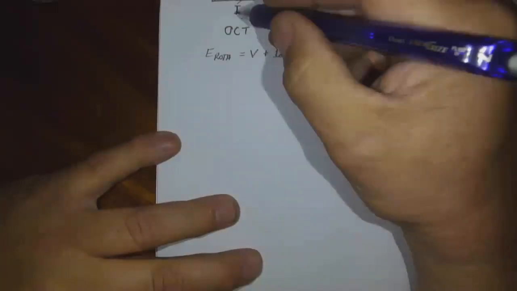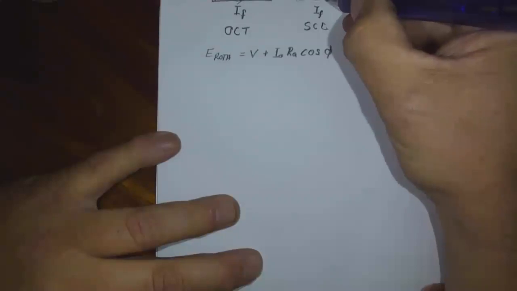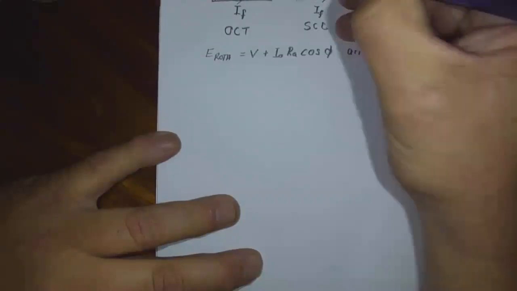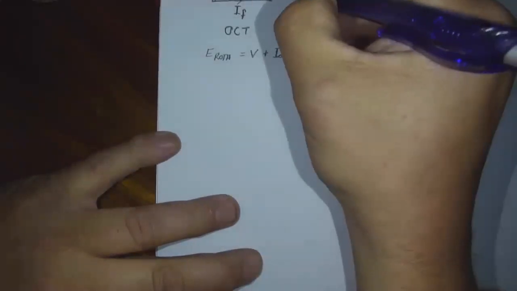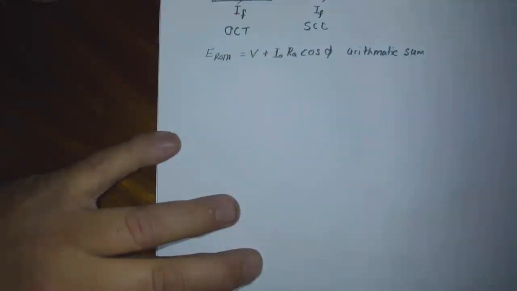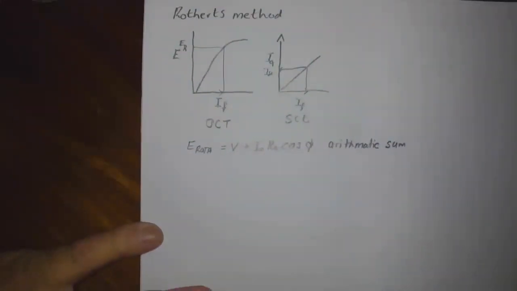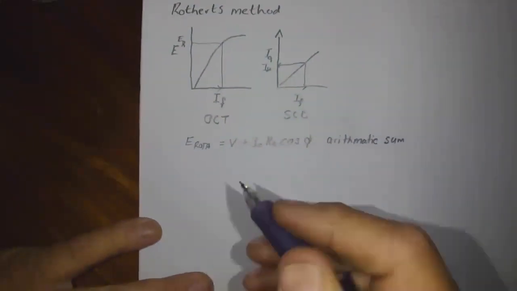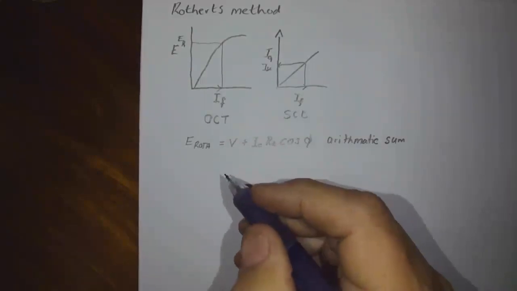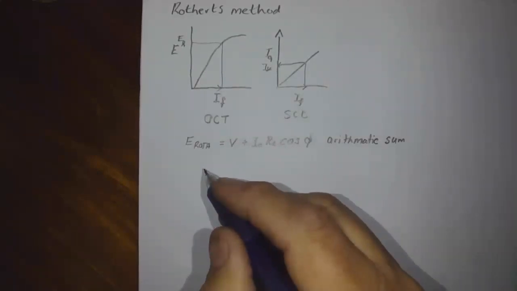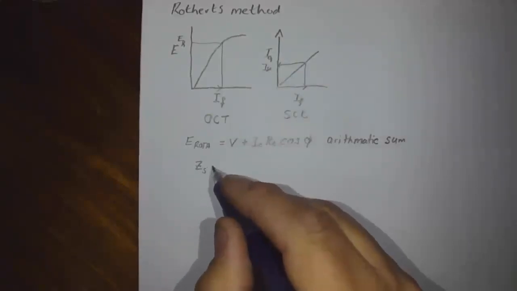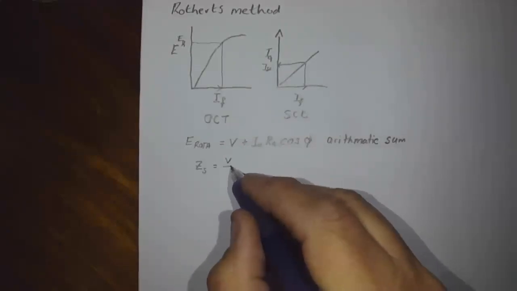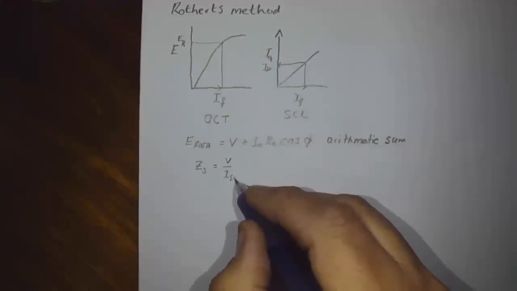So now we want to know, for the same excitation, what is the current? That'll be I short circuit. So then we can say that ZS is equal to V over I, but at the same excitation.